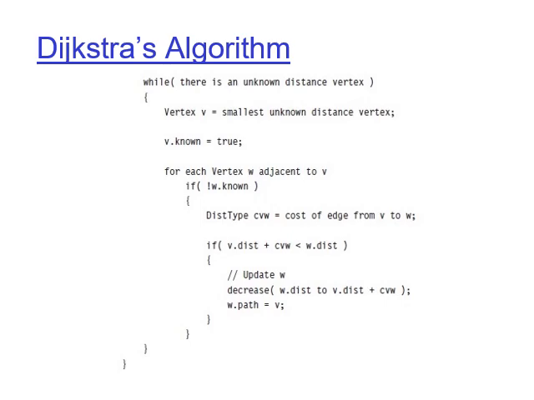Then you turn its known variable to true, because now we are about to scan the adjacency list of V. The next for loop is basically scanning or traversing the linked list of V.